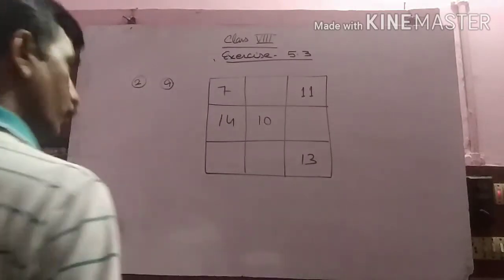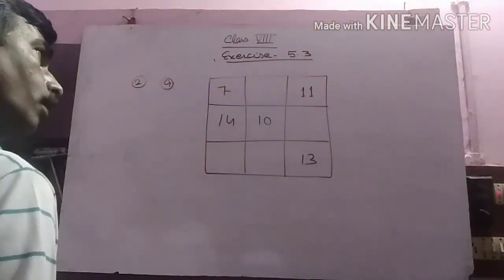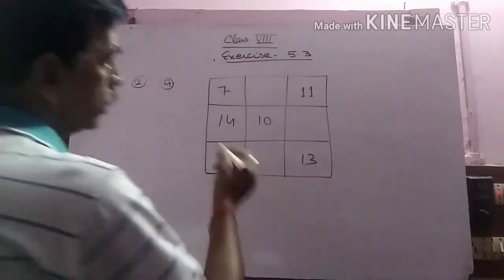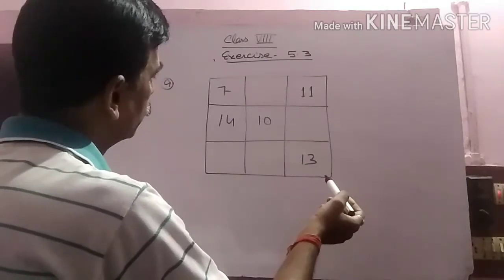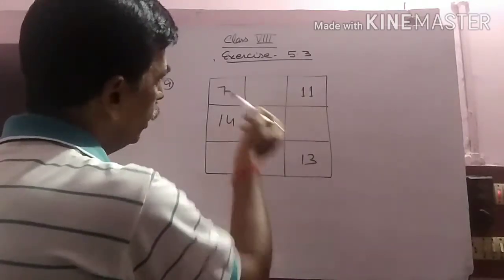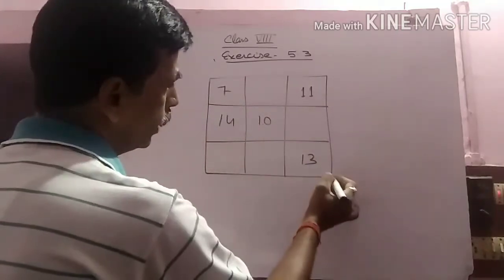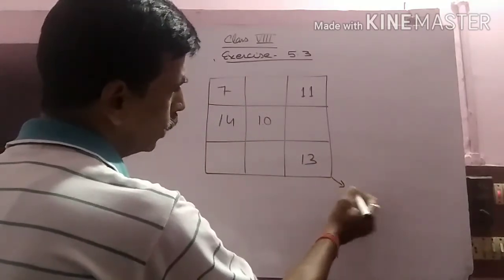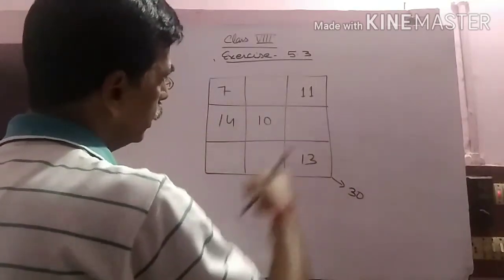In the magical cube, the addition of all the numbers should be equal from any direction. So all the 3 boxes or squares are filled here. 7 plus 13 is equal to 20 plus 10. So this one is 30. It means these also will be 30, these also will be 30.